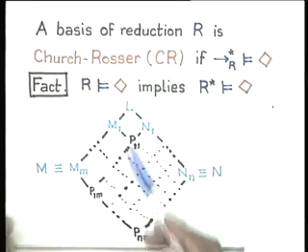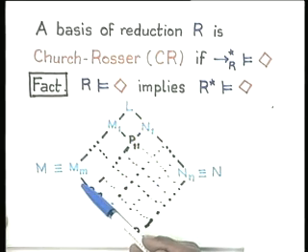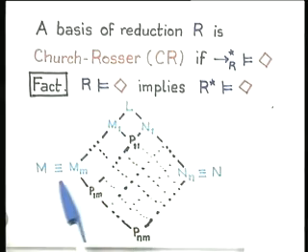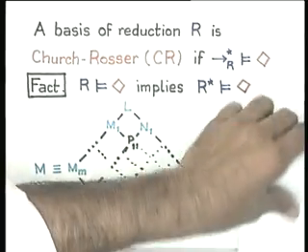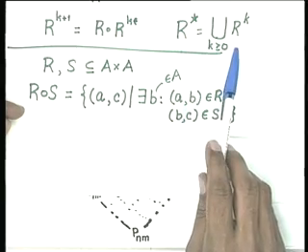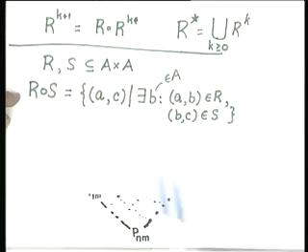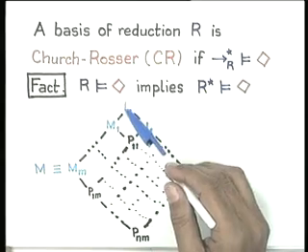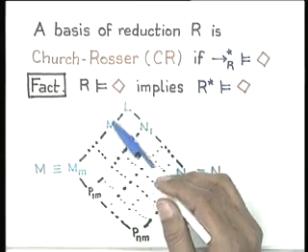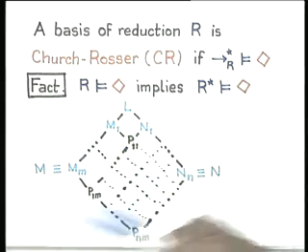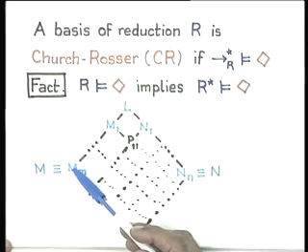It means that there exists a finite sequence of compositions. L R star related to M implies that there exists some m such that the ordered pair L m is in R raised to small m, which means that I go through m compositions: L m1 is in R, m1 m2 is in R, m2 m3 is in R, and so on and so forth, and when I do the compositions I can find this kind of a path.